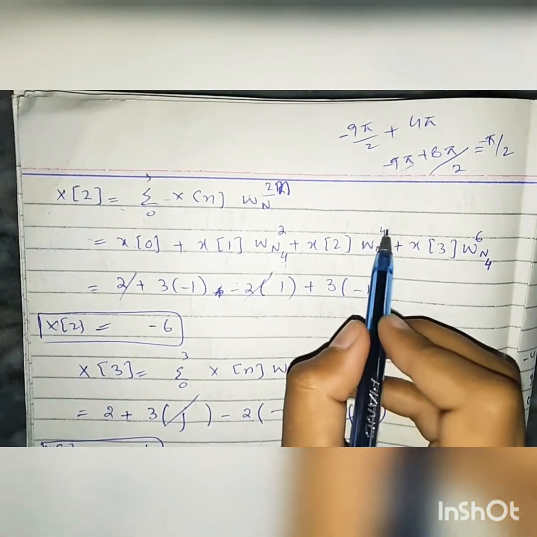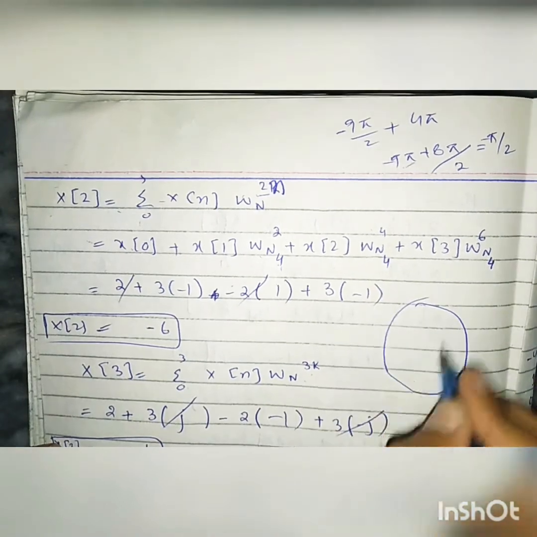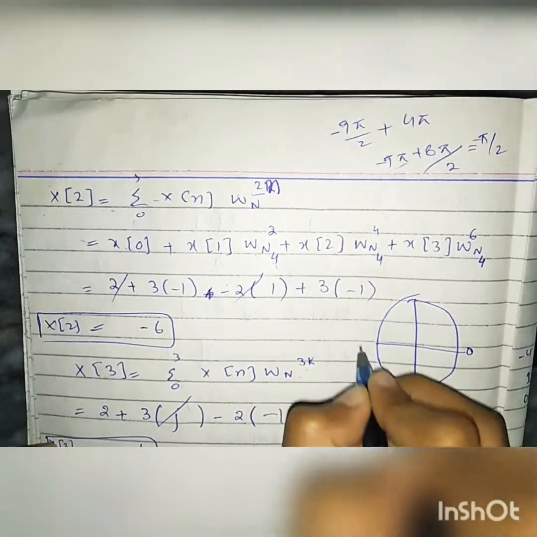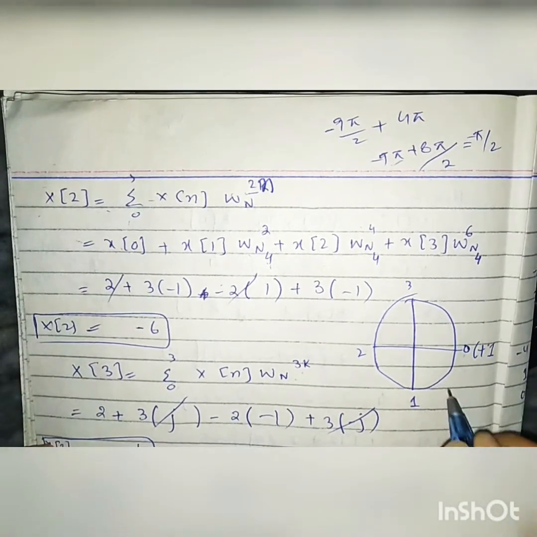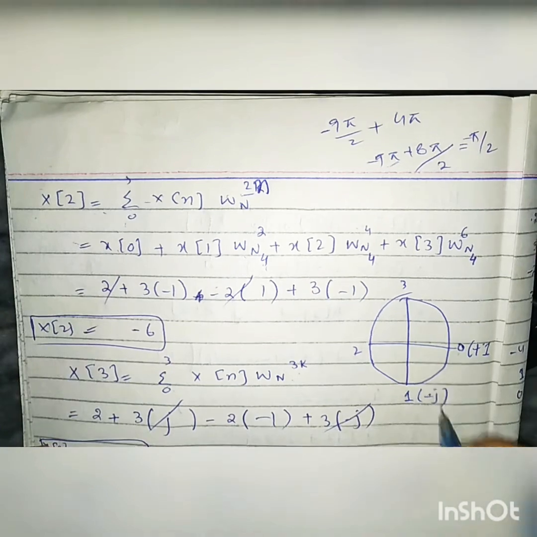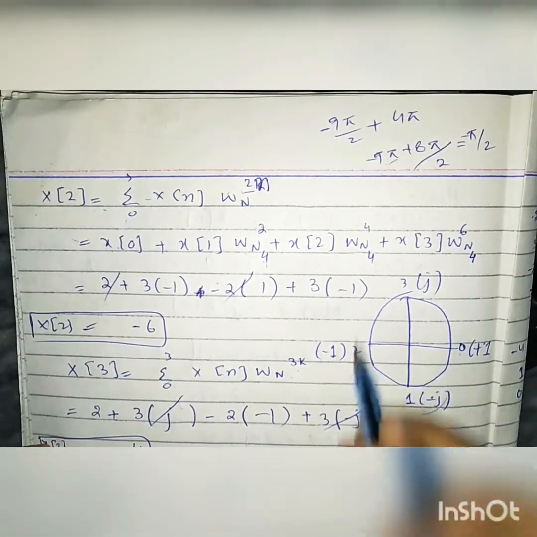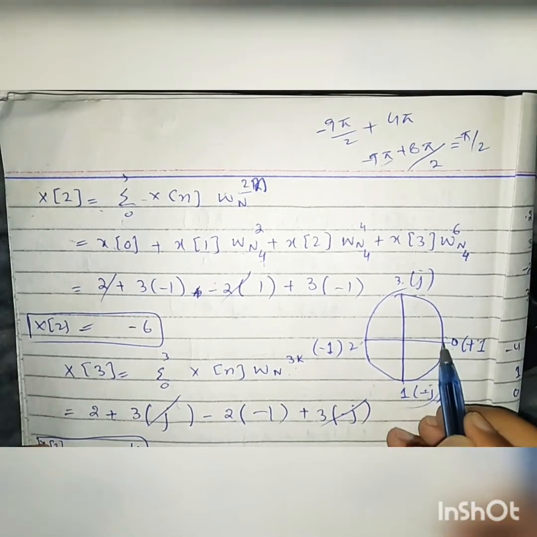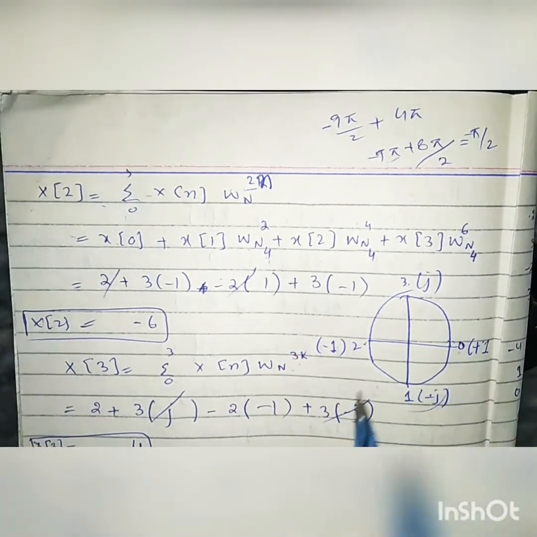W4 of 4 is basically where we move back to the circle. If we have this circle, this position is 0, 1, 2, 3, and its values are 1, minus j, minus 1 and j. So moving in a circle, this position will become 4, 5, 6, 7, 8, and we will keep moving around.